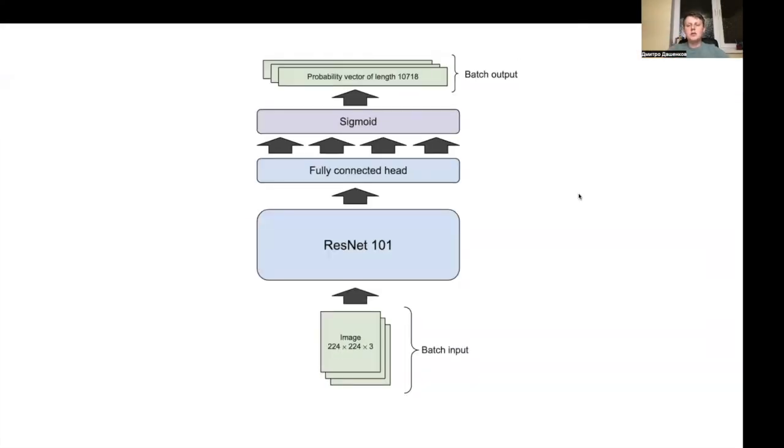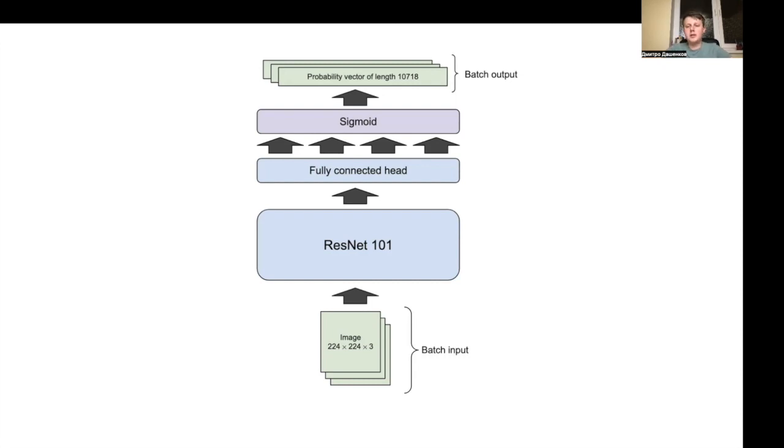On this slide, you can see the general schema of the labeling model that we've built. The core of the model is provided by the ResNet network, which is pre-trained, and is one of the standard networks for image classification and image processing in general. The ResNet takes a batch input of 224 by 224 pixel images with 3 channels and converts it into embedding vectors, which are then fed into a fully connected head layer.